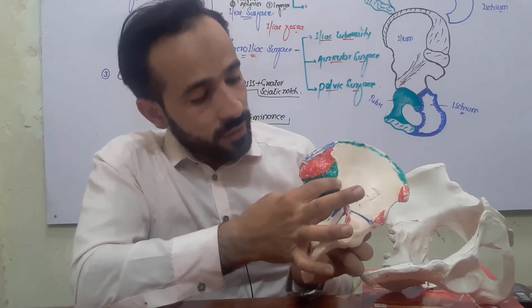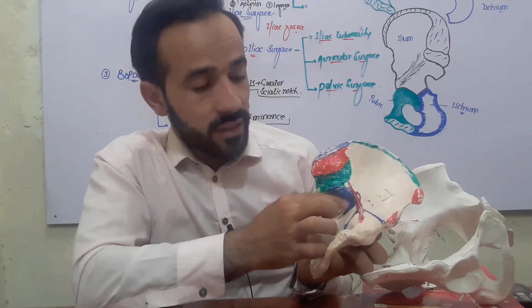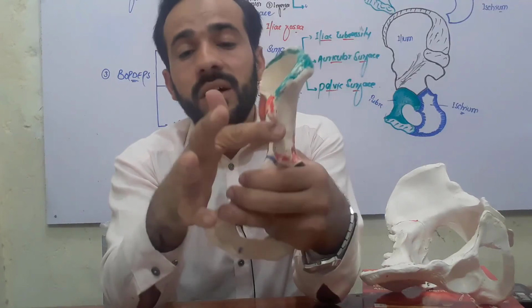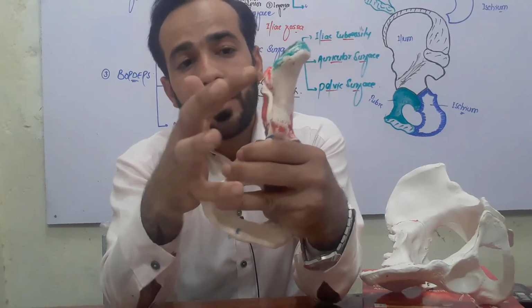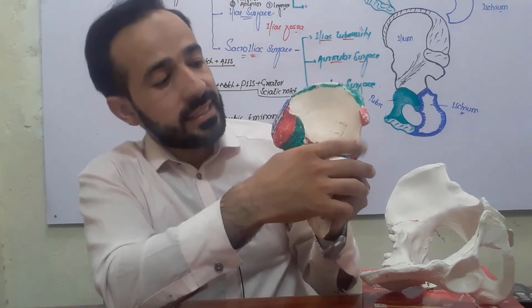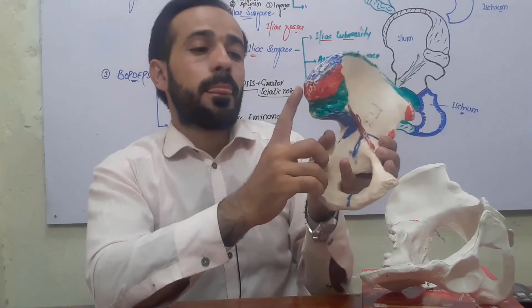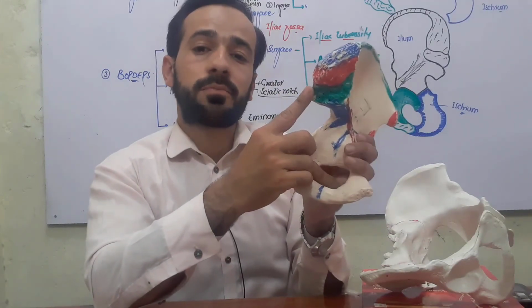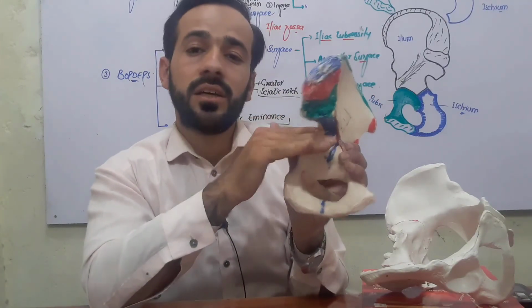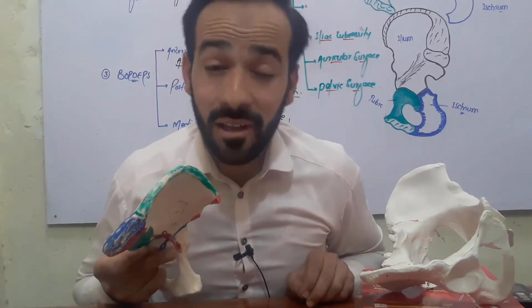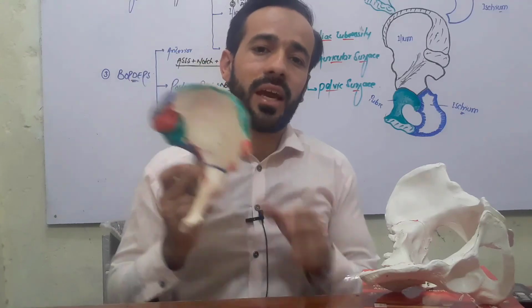Then there was the auricular surface, and then there was the pelvic surface. So other than this, we have the notch, right? The anterior superior iliac spine, the anterior inferior iliac spine, the posterior superior iliac spine, the posterior inferior iliac spine, the greater sciatic notch, right friends? So this was about the external features of your iliac bone.